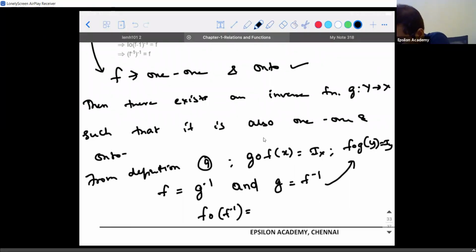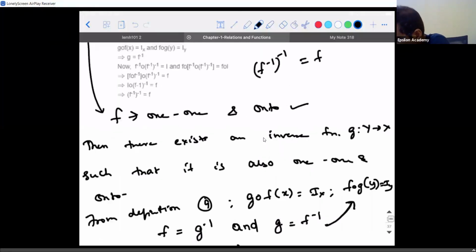I take G is equal to F inverse and substitute it here. Then F circle, in the place of G, I will write F inverse. So F circle F inverse is how much? It is I, the identity function, right?